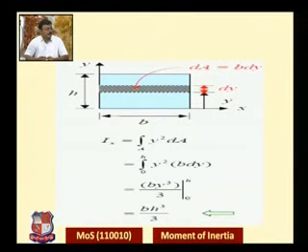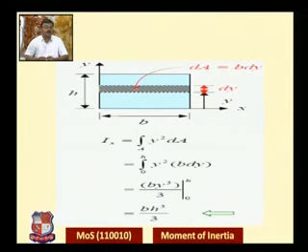Now the base of the rectangle is along the x-axis, as you can see in the figure. So in order to find this, first of all we will consider the elemental strip located at a distance y. Let us say dy is the thickness of this elemental strip. So the area of this elemental strip, which is indicated with the red line in the figure, dA is equal to b into dy.